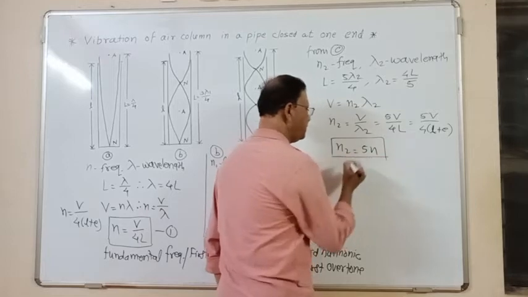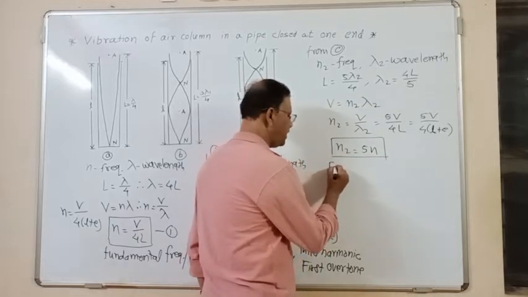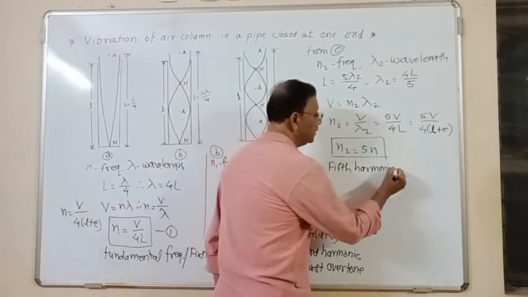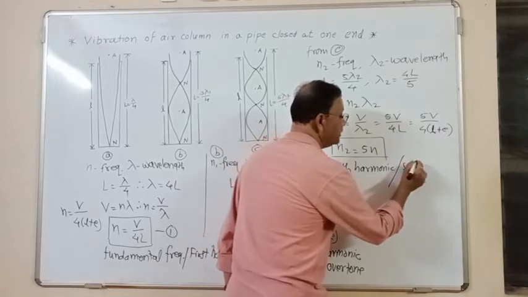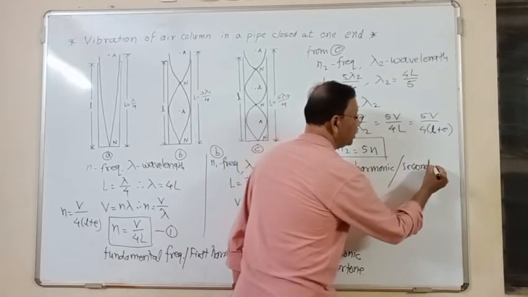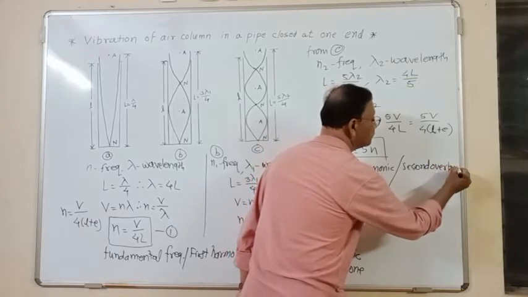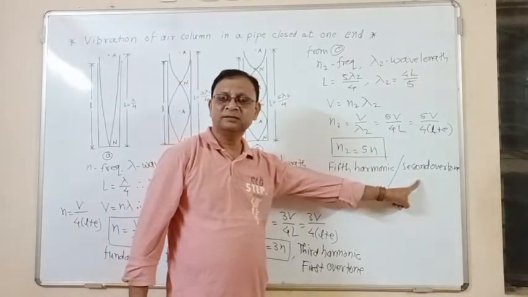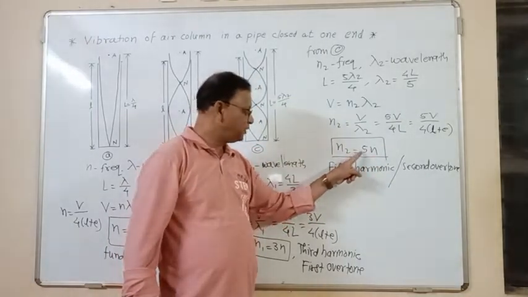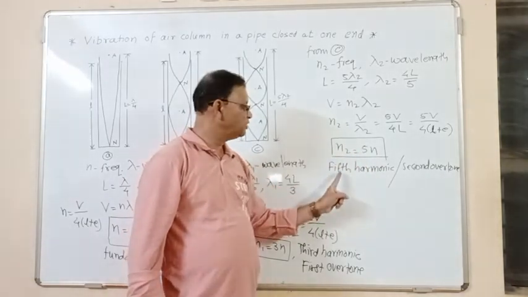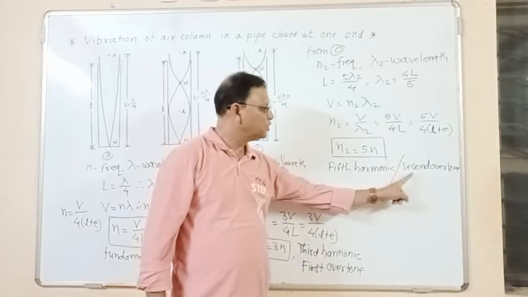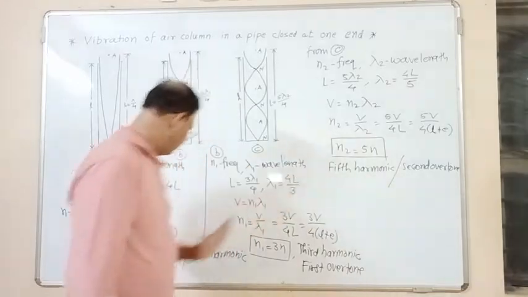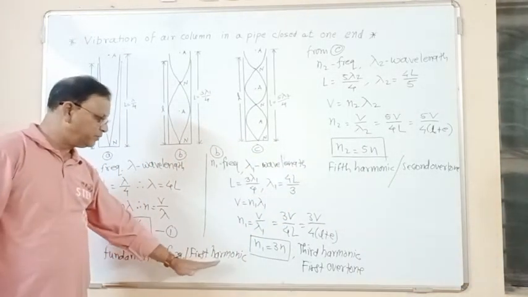This frequency of vibration is called the fifth harmonic, also called the second overtone. याला फिफ्थ हार्मोनिक म्हणलं जातं किंवा सेकंड ओव्हरटोन म्हणलं जातं. So this frequency is 5 times the fundamental frequency, so it is called the fifth harmonic, also called the second overtone. हा first overtone, हा second overtone. This is the fundamental frequency, also called the first harmonic.